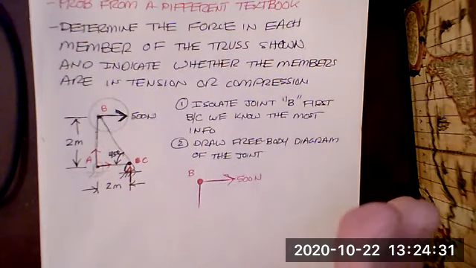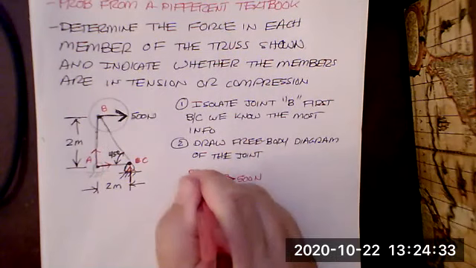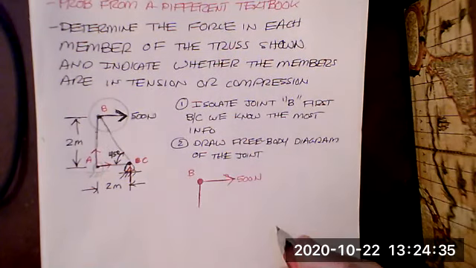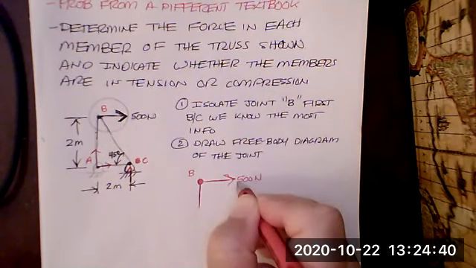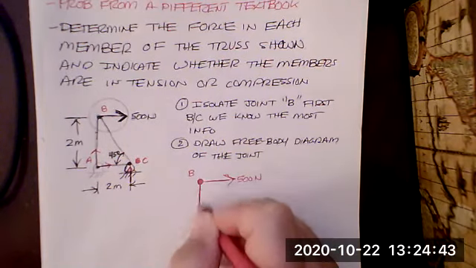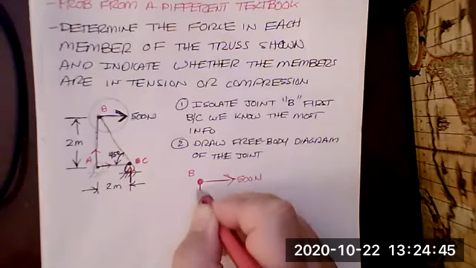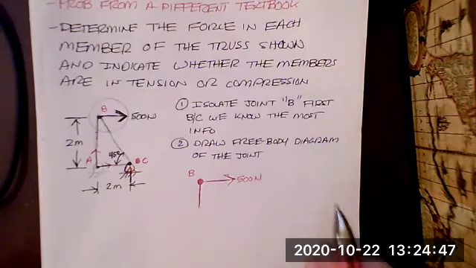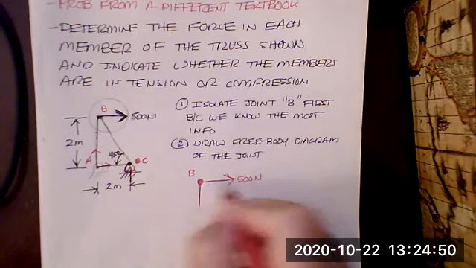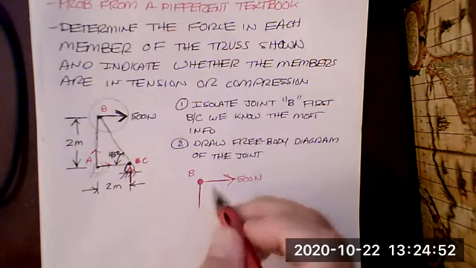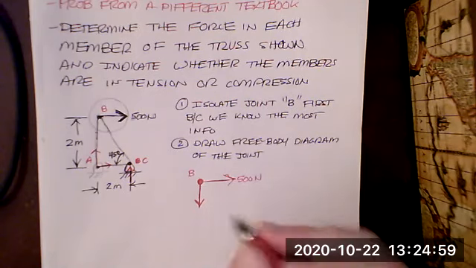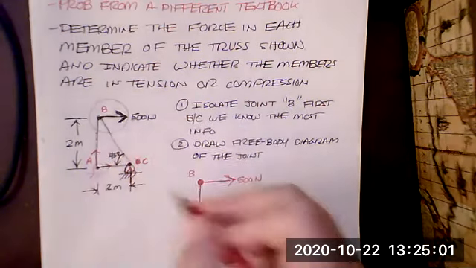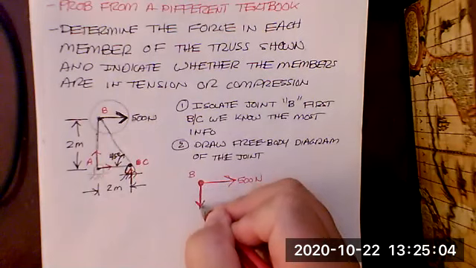Now, put yourself at the joint. Pretend you're standing here at the joint, and you're pulling this way. I am saying from an assumption here, if I'm pulling this way, that this is going to be in tension. So it's going to want to pull away from the joint here. It's pulling on the joint.